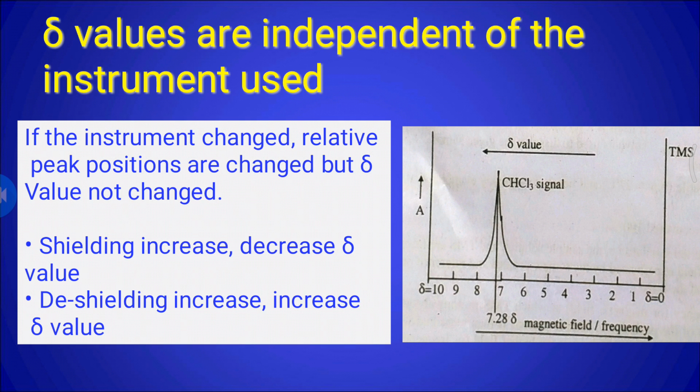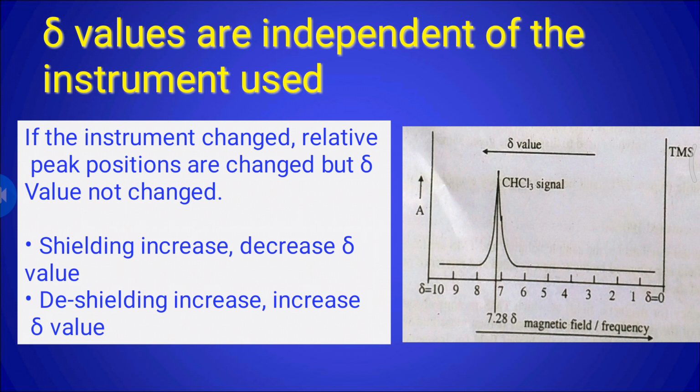So delta values are independent of the instrument used. If the instrument changes, from 60 megahertz to 100 megahertz, the relative peak positions change, but the delta value, the chemical shift value, does not change.